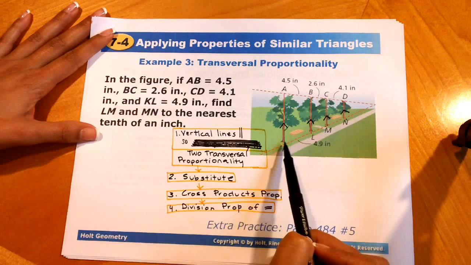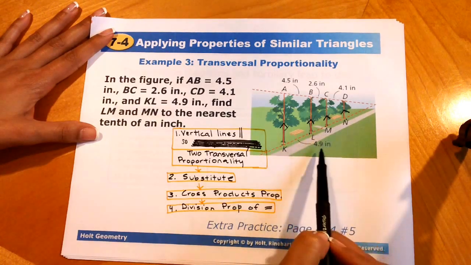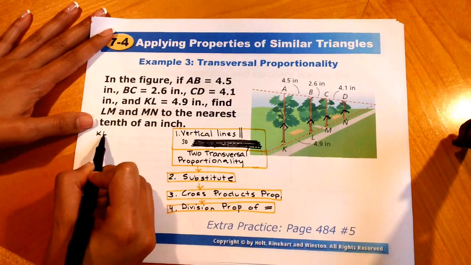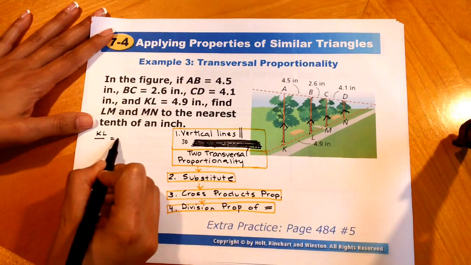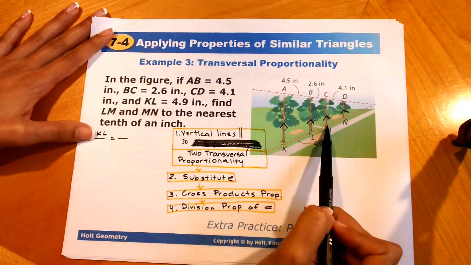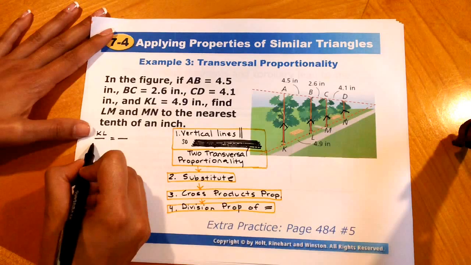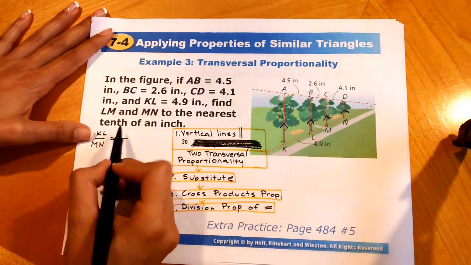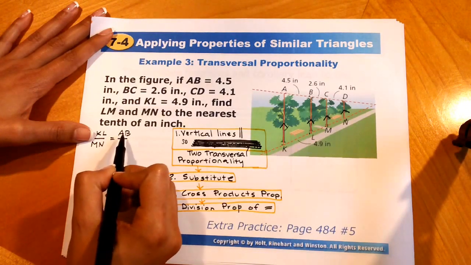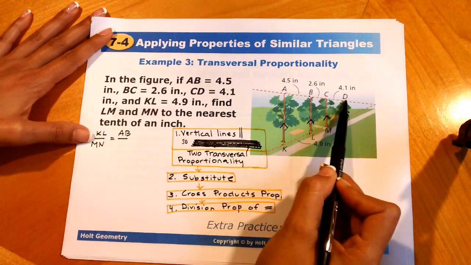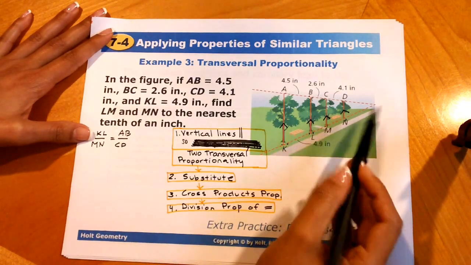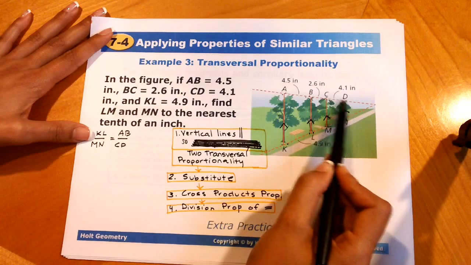So I have KL, which is 4.9, and then MN, which is one of the ones that I'm looking for, equal to AB over CD. So KL, MN, AB, and CD.